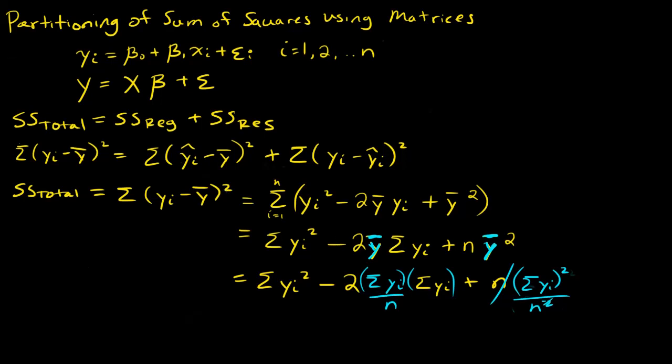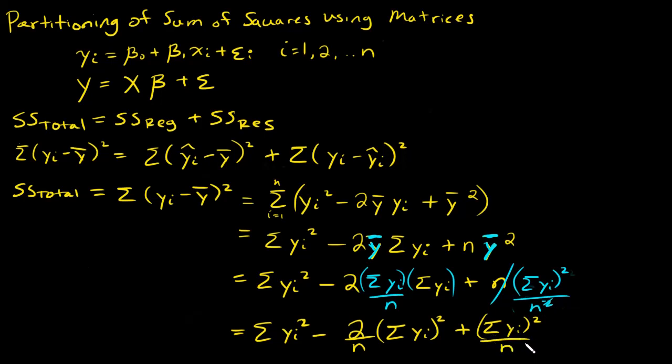So I have the sum of yi squared minus 2 divided by n times the sum of yi squared, plus the sum of yi squared divided by n.